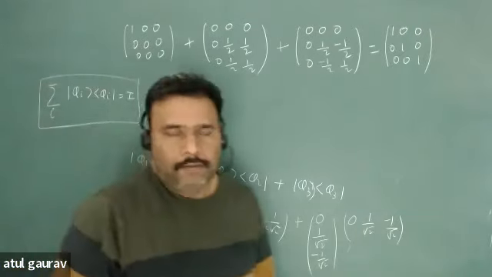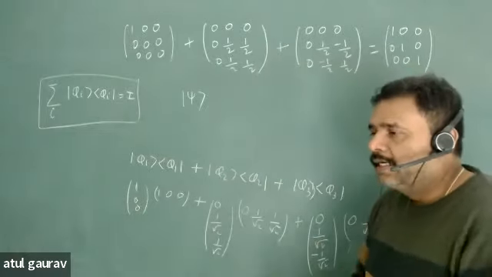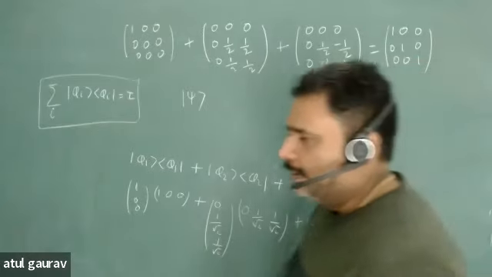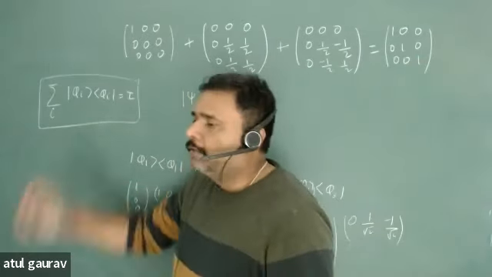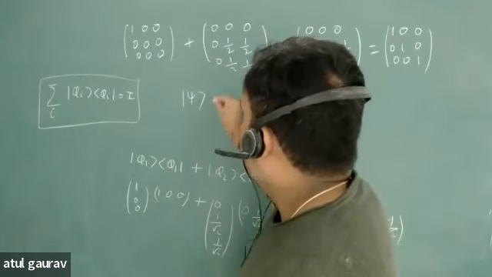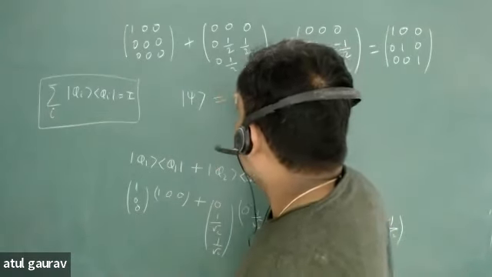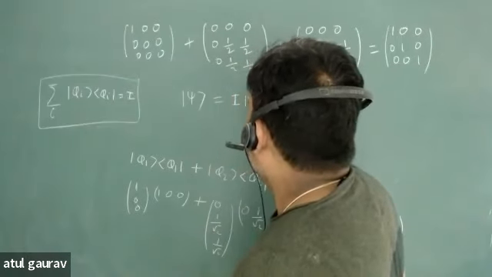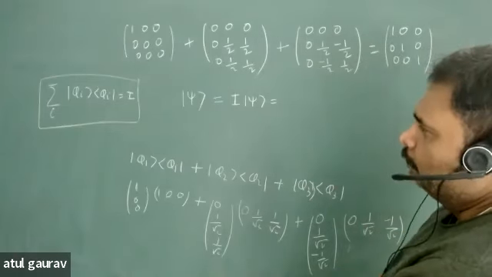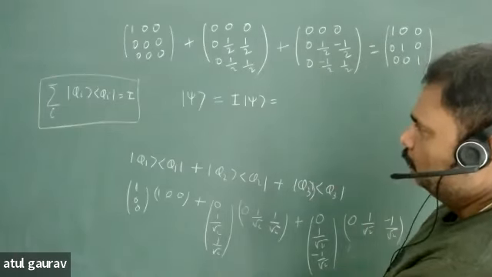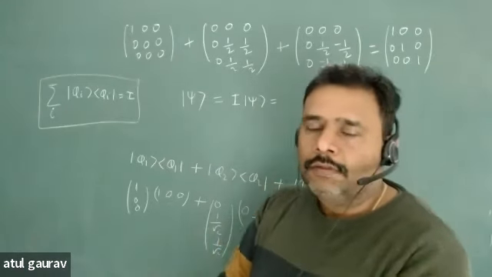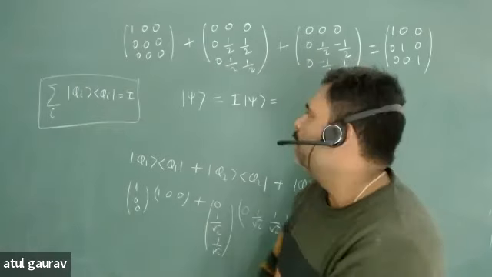Complete projection. They will make a complete basis. They will follow the completeness relation. So now, can I write I here and I will get the same psi? Yes, sir. If you operate the identity operator on any vector, what will you get? Same vector.